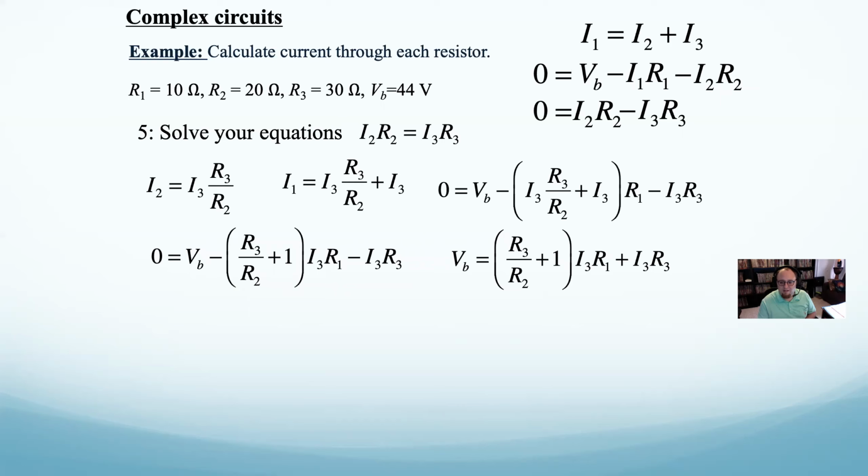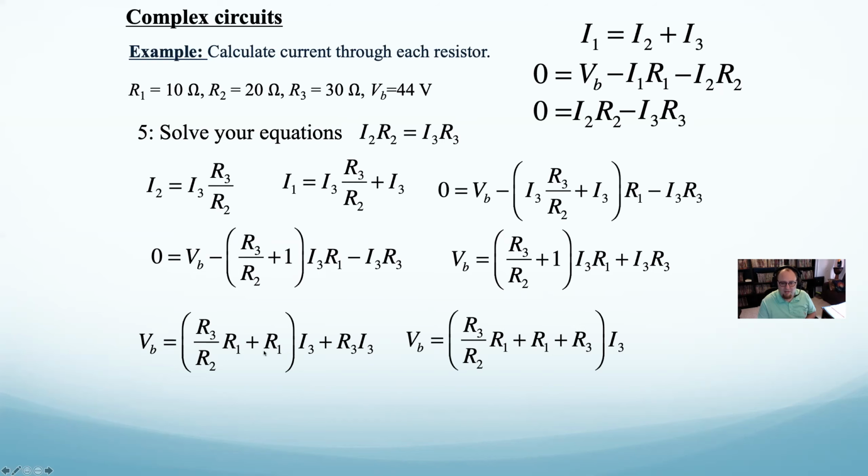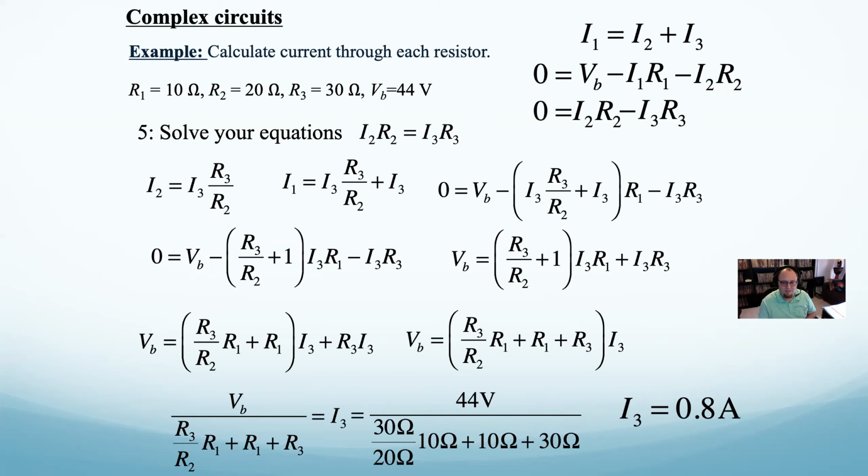From this side, I will factor out my I3s. That's a lie. What did I do? Oh, I factored in my R1. Then I can factor out my I3s and divide, plugging in my numbers and get a value.